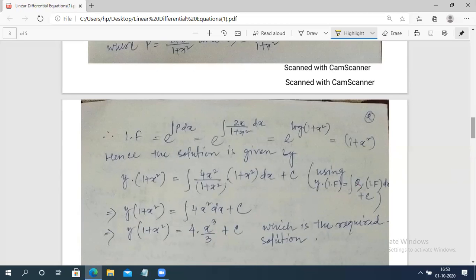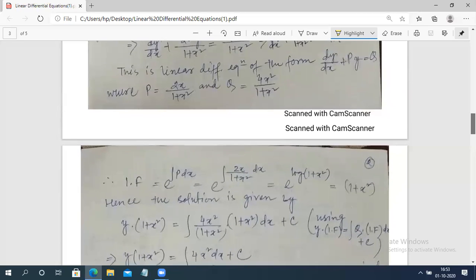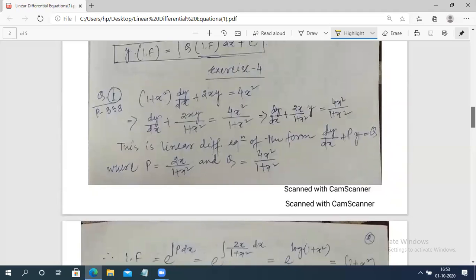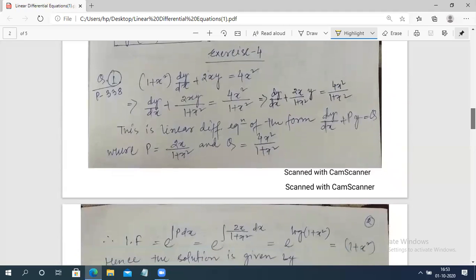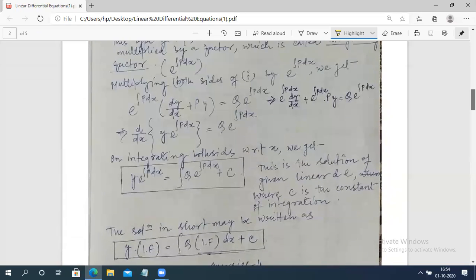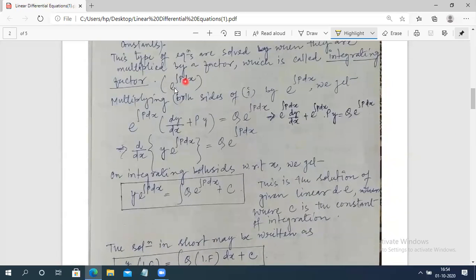Isn't it very easy? Actually, the linear differential equation method is very short. You have to just follow two steps. You try to bring the given differential equation in this form, then identify p and q, and find the integrating factor. No need to multiply the whole equation with the integrating factor and then do the derivation part.